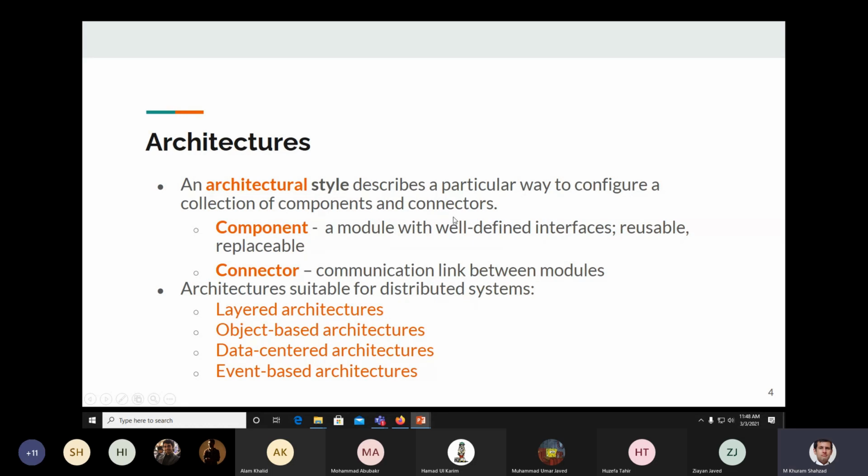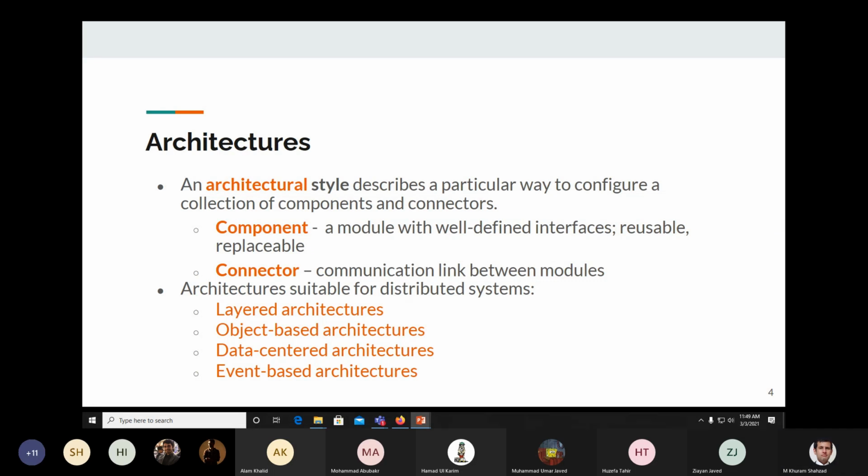An architecture style describes a particular way to configure a collection of components and connectors. Using architectural styles, the following architectures exist which are suitable for distributed systems: layered architectures, object-based architectures, data-centered architectures, and event-based architectures.